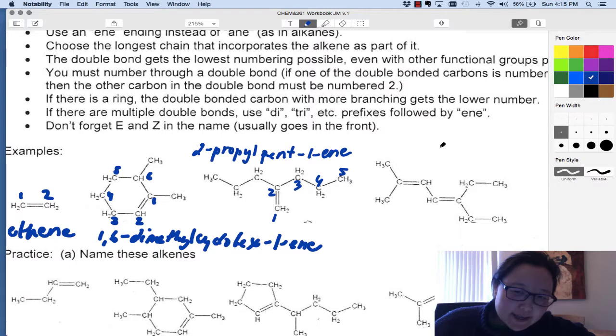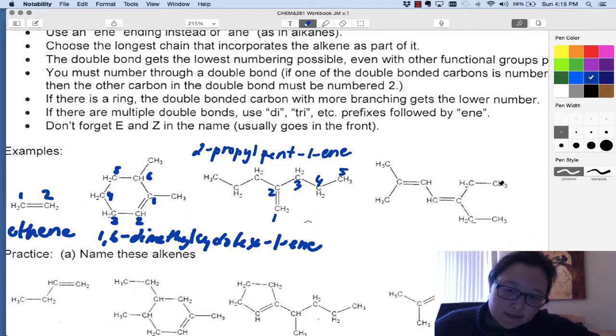And then in this example, it has 2 double bonds, so instead of ene, we say diene. So this is a kind of diene. That's going to be the ending. And let's number through this. We want the double bond to have the lowest possible number, so we need to go 1, 2, 3, 4, 5, 6, 7.